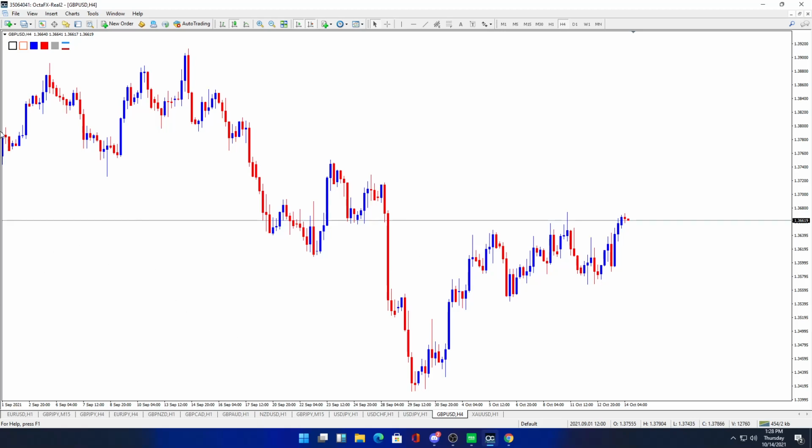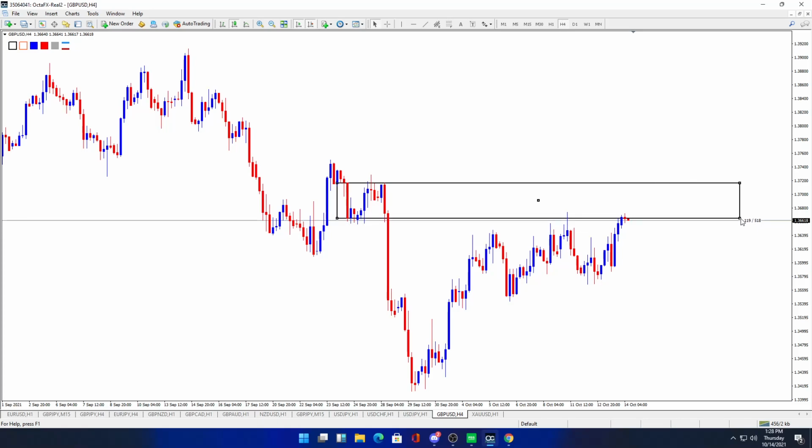We can wait in this box for us to have a short position. I still look into this candle to close.